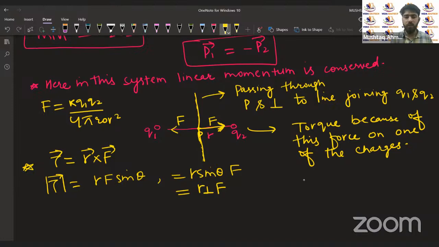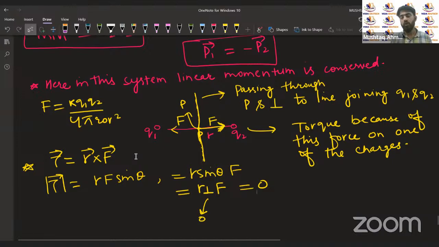That point is P. We can clearly say that the perpendicular distance between the line of action, that is the line along which the force is acting on the particle, and the axis of rotation is 0. So r perpendicular is 0, and the torque acting on these two charges is 0.